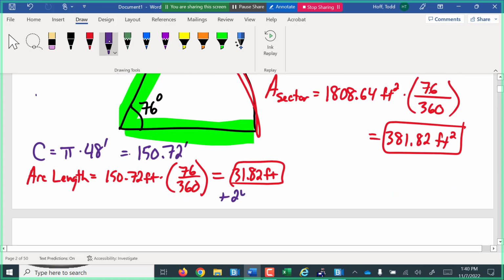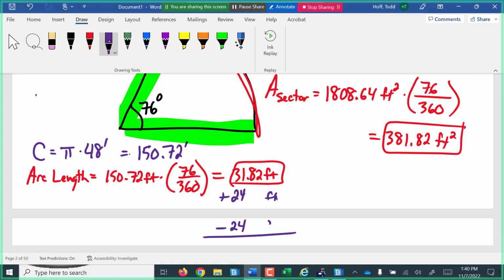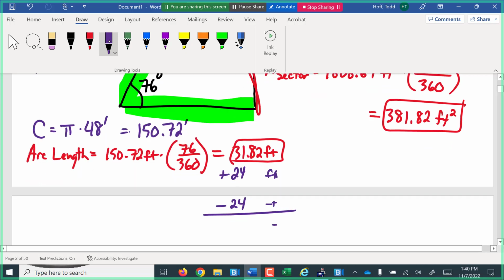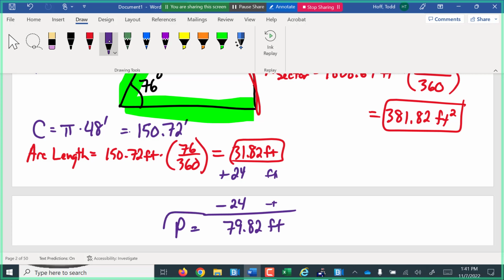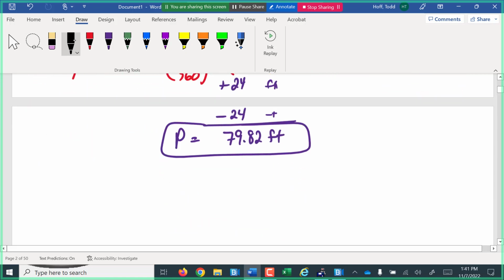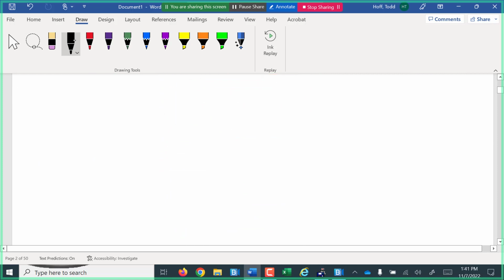So plus 24 feet for one radius, plus another 24 feet for the other radius, which gives us 79.82 feet of perimeter. Any questions there? Okay.